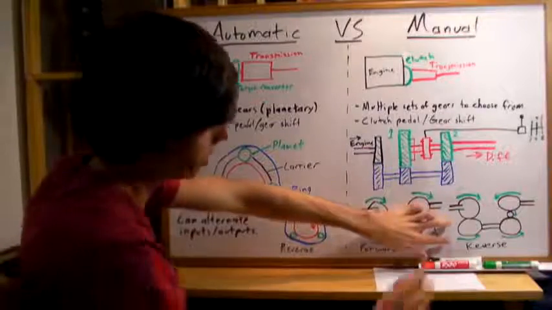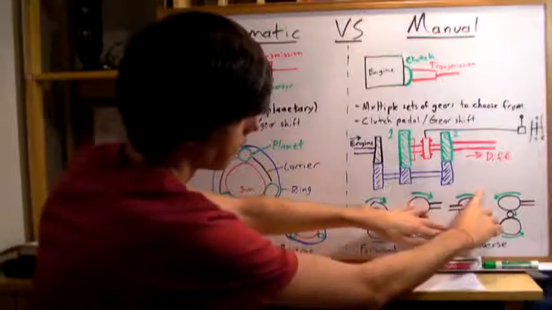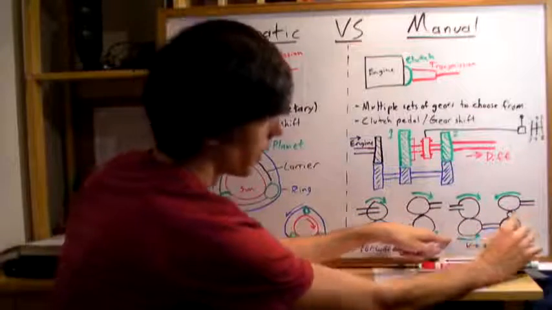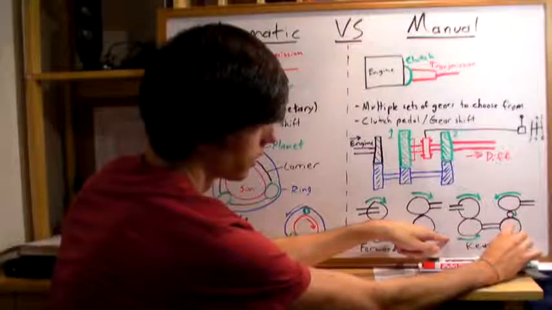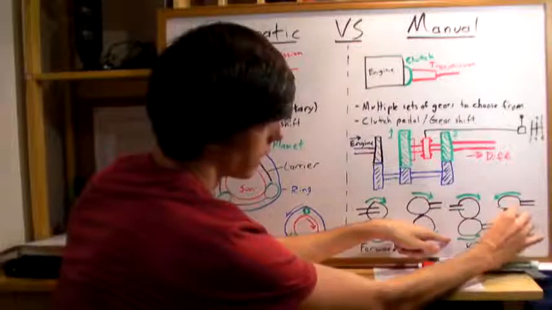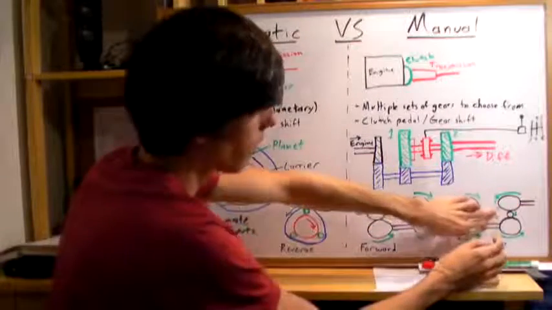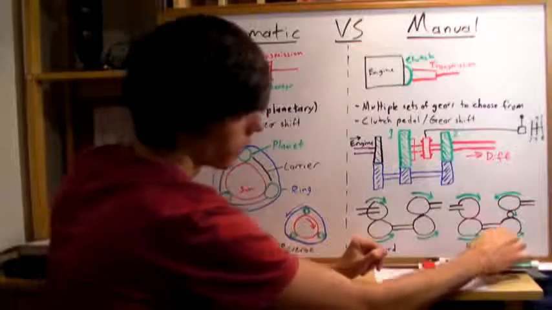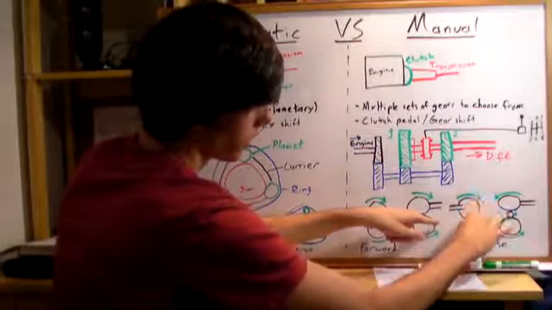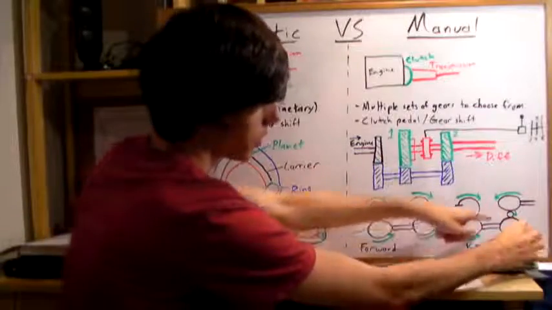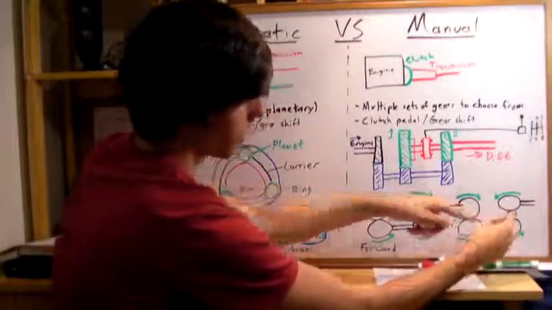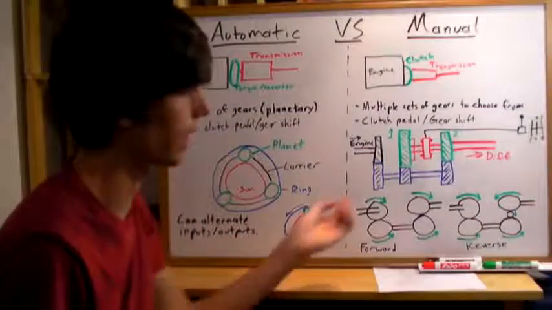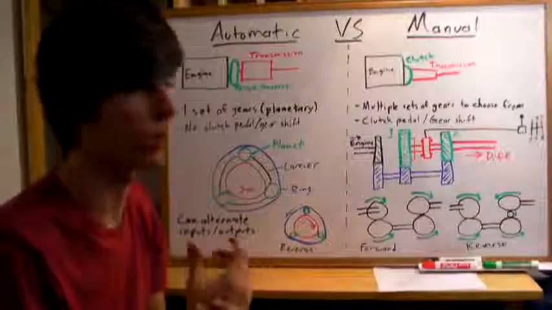Now put it in reverse, you're going to have the same thing, the engine's going the same direction, you've got the same shaft, but in between the final gear and the output gear, you're going to have an idle gear, and what this is going to do is change the direction. So going this direction, then it turns, same direction there, this idle gear is going to turn that around, and so then your output shaft is going to be rotating the reverse direction as your engine, so you're going to be moving backwards.